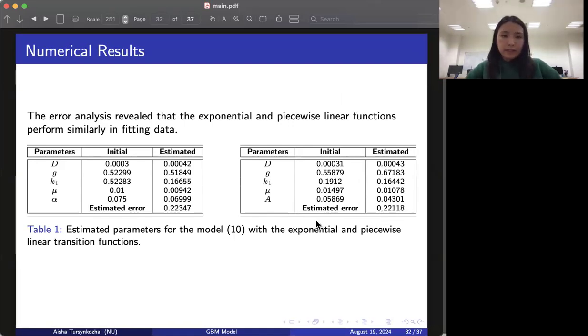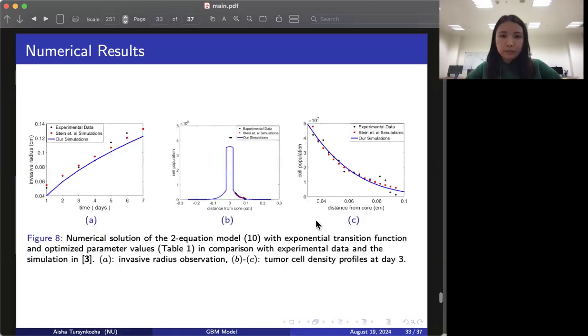And after that, here we have our numerical analysis. This is the case where we used our model with the exponential transition function. This first plot shows the invasive radius, and the red dots represent Stein's paper simulation, and the black dots represent the exponential data.